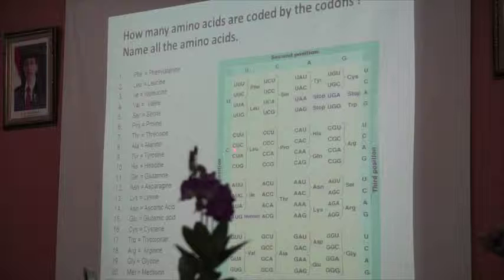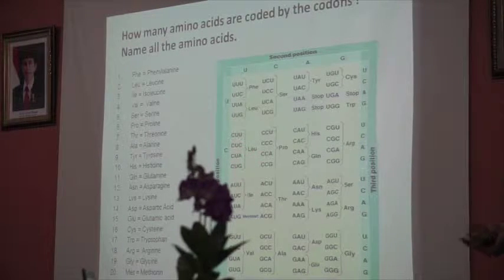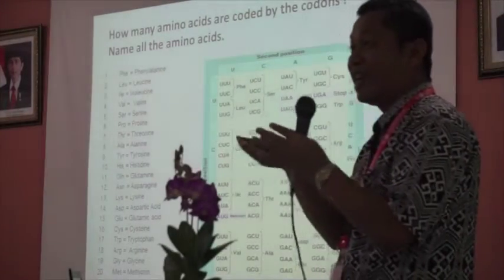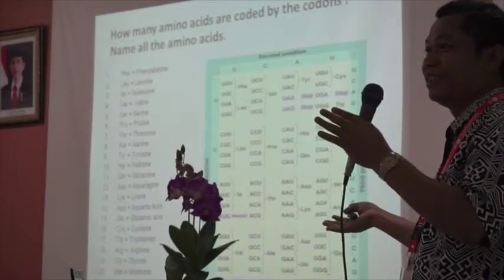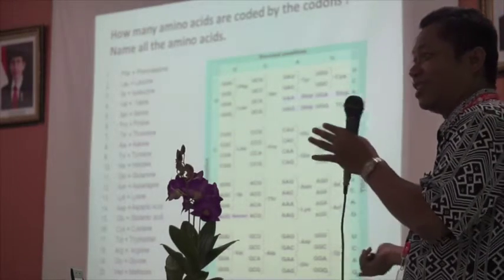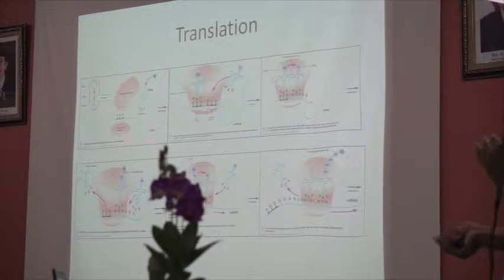For example, leucine has 4 codons. So it can be implied that even though the DNA sometimes is different, the protein residues are not always different.